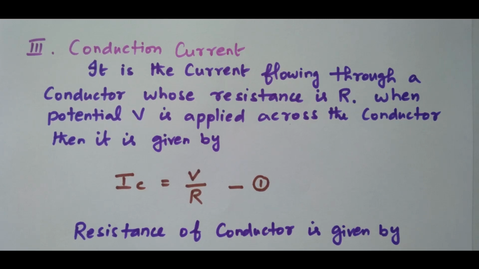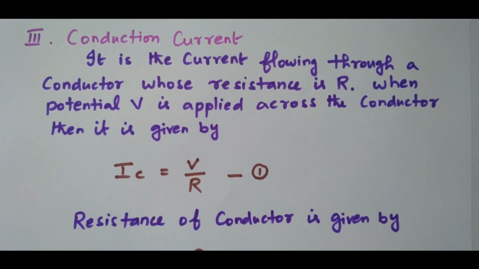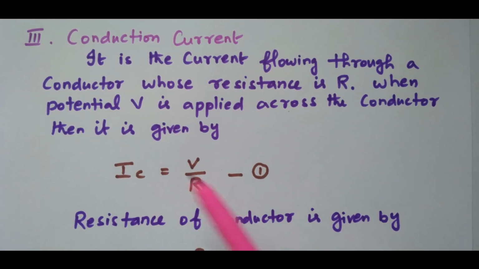Now we'll see the conduction current. Conduction current is the normal current flowing through any conductor, a conductor whose resistance is R. The current we normally refer to is a conduction current.